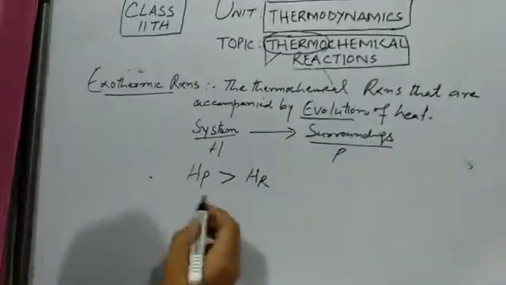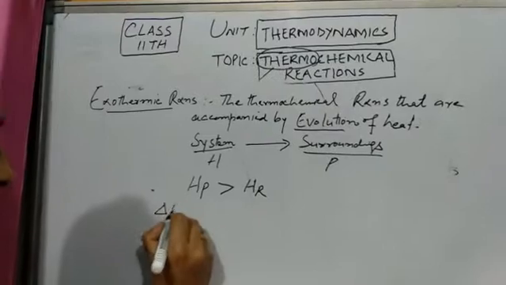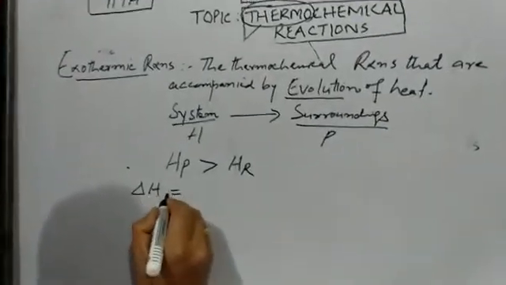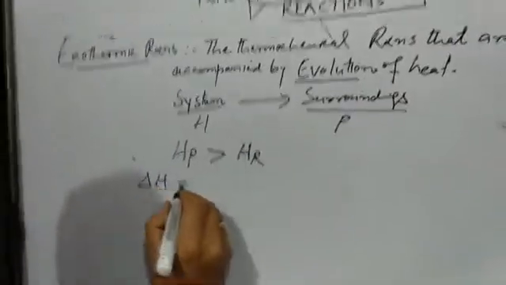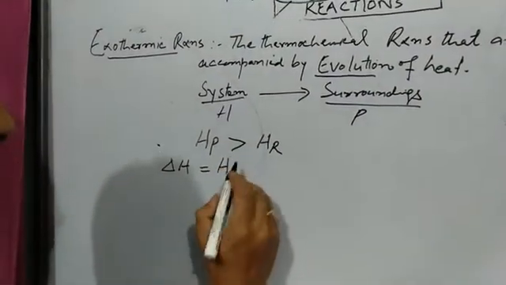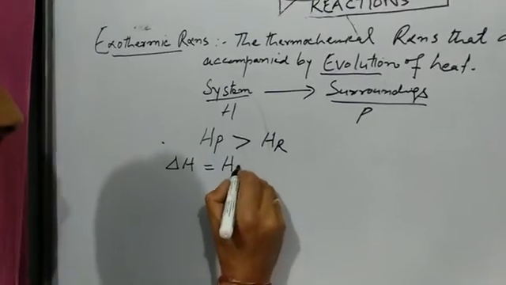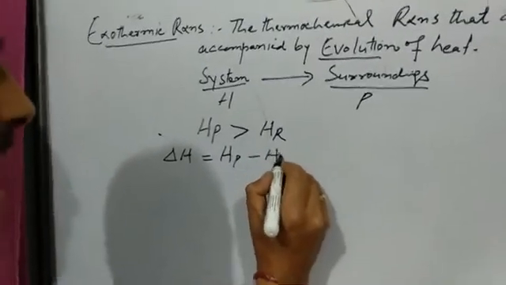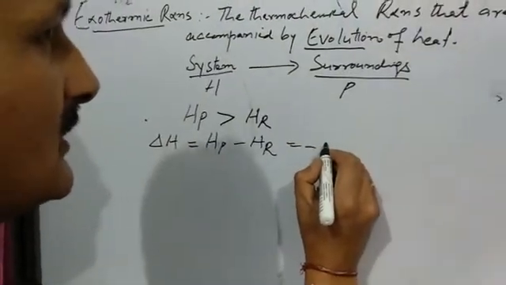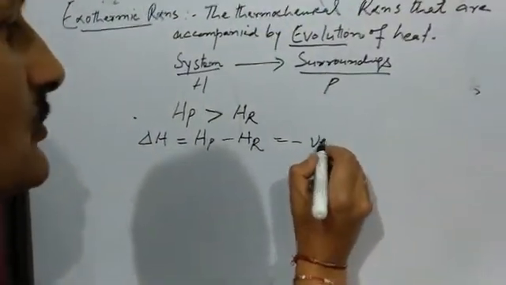If we want to determine change in enthalpy, that is delta H, the formula is delta H equals HP minus HR. It should always be negative.